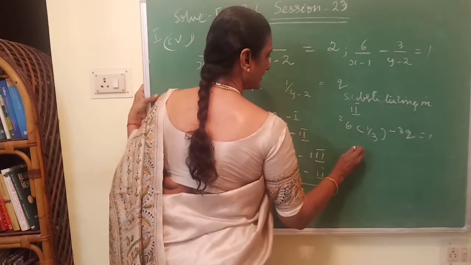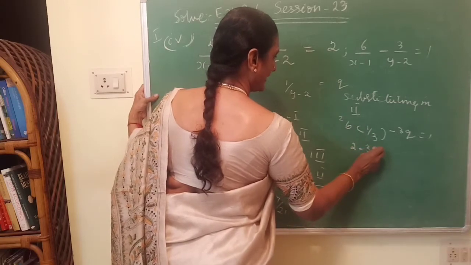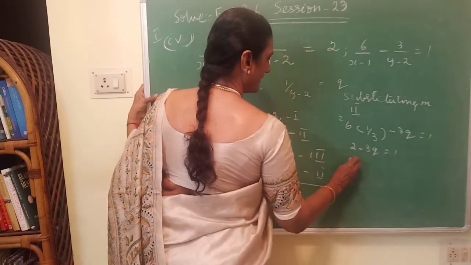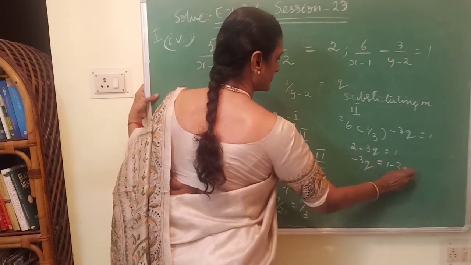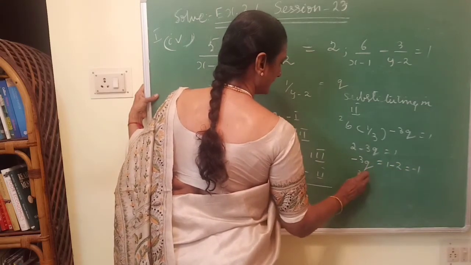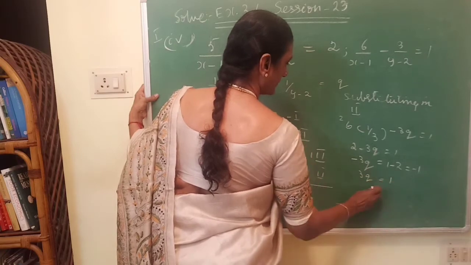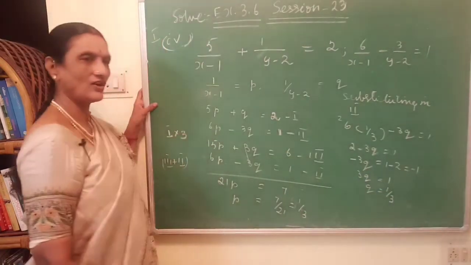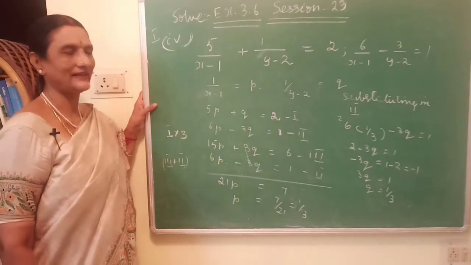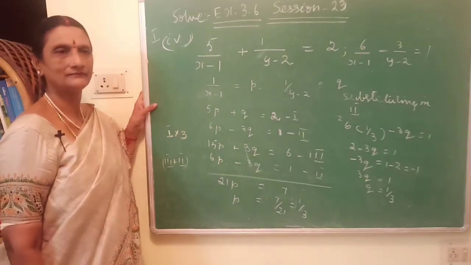So we will get 2 minus 3q is equal to 1. So minus 3q is equal to 1 minus 2, that is minus 1. So 3q is equal to 1, q is equal to 1 by 3. So what have we got? p and q both getting the value 1 by 3.